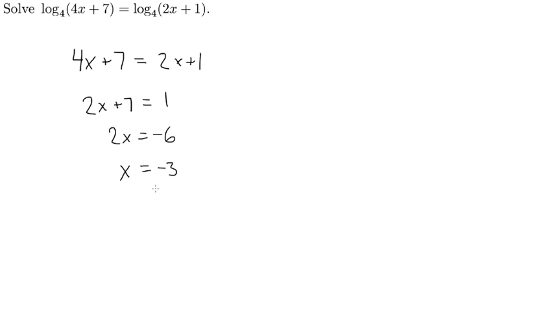But if we go back and try to plug this back into our equation, we have log base 4 of 4 times negative 3 plus 7 equals log base 4 of 2 times negative 3 plus 1.